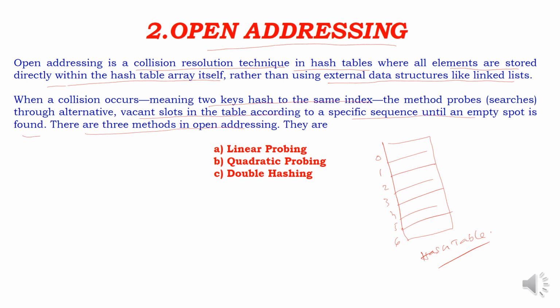There are three methods in open addressing. They are linear probing, quadratic probing, and double hashing. Open addressing means whatever space is allocated as the hash table, only that space is used even if there is a collision.